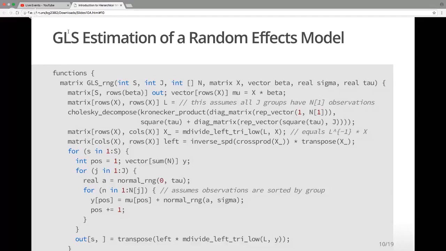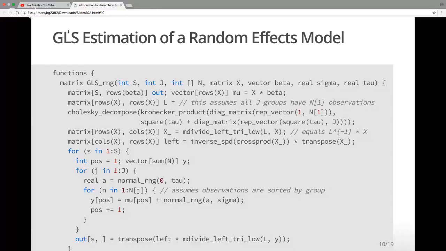And one estimator of a model like this is the so-called generalized least squares. And all this matrix algebra stuff up here is just a precursor to that. So you take the Kronecker product of an identity matrix and this matrix here, the square of tau, which is the variation in the error expectations across schools, and the diagonal matrix, this should be sigma, I think.